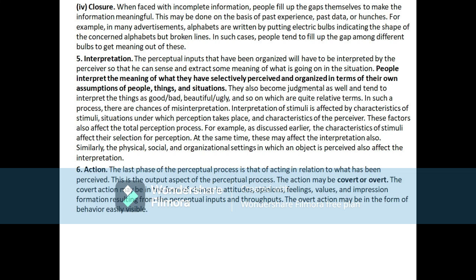In order to make meaningful information, this may be done on the basis of past experiences, past data or hunches. So without full information, how will the person perceive? It means depending upon the previous experiences.